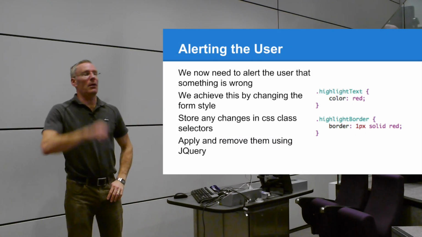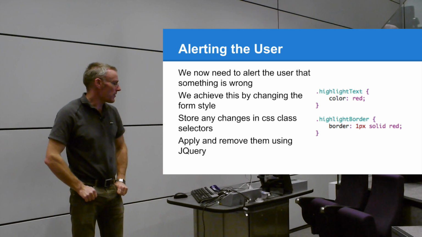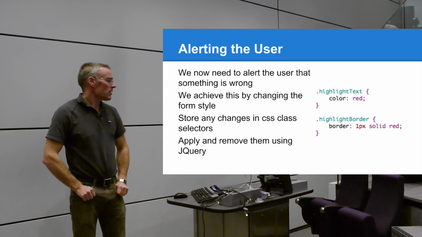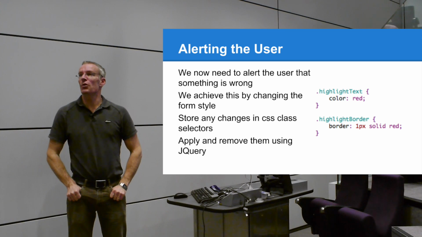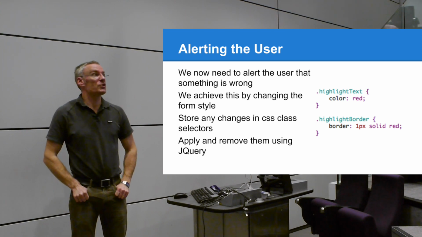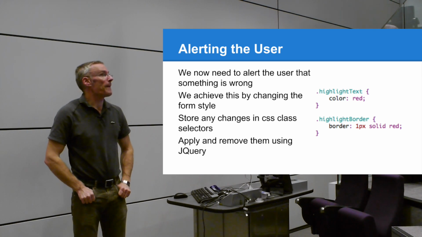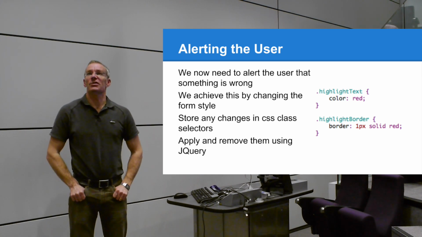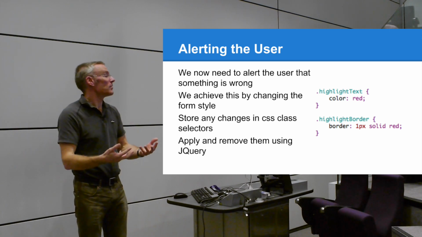Now, I think I mentioned this, the idea of using classes. I think I mentioned it several times. What I'm going to do is if the data is wrong, I want to put a border around my text box, a nice bright red border, and I want to make the label bright red as well. I could just add style to the elements, but that means I'm starting to embed style in my behaviors.